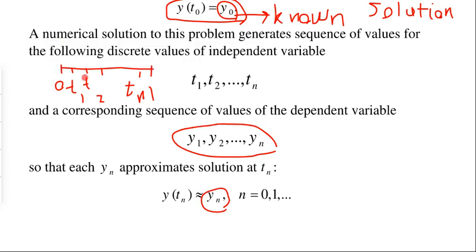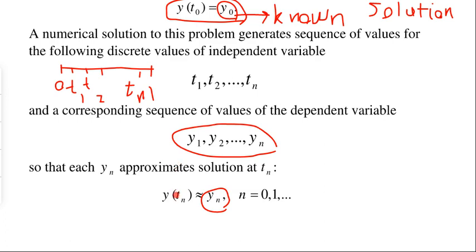So in our domain we will select these discrete points t1 to tn. These are the values of our independent variable, and we want to obtain some approximations of y at these points.